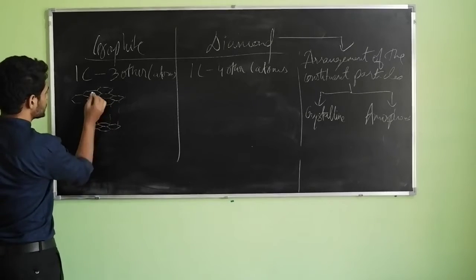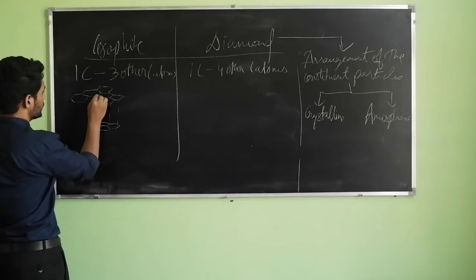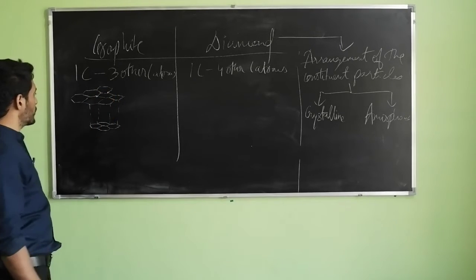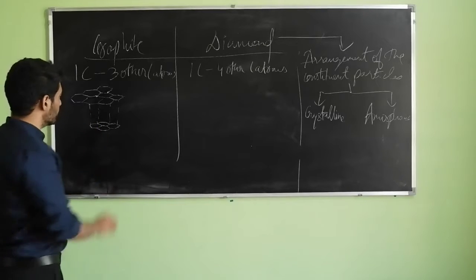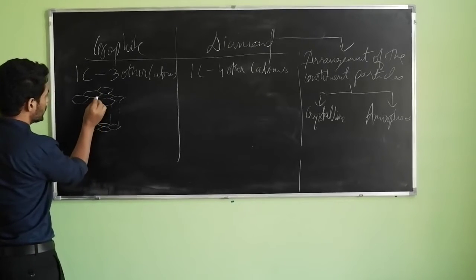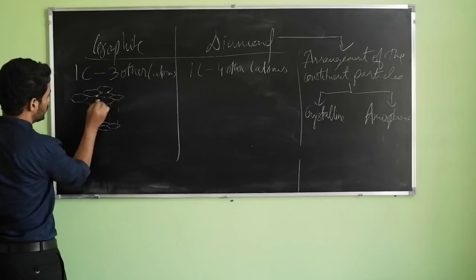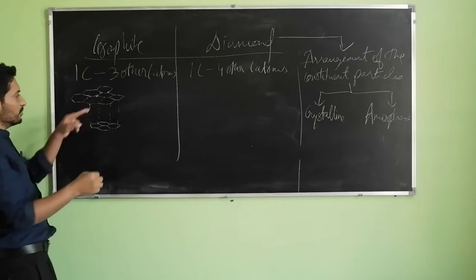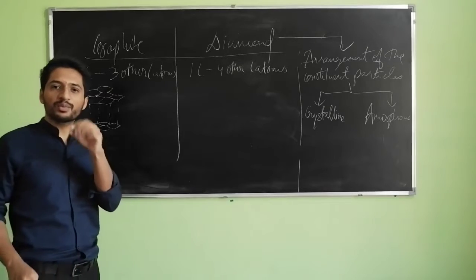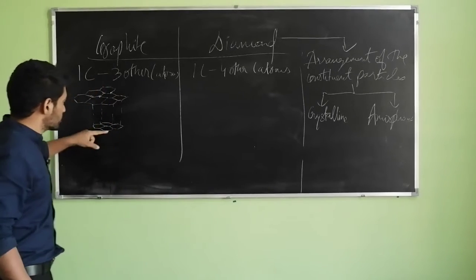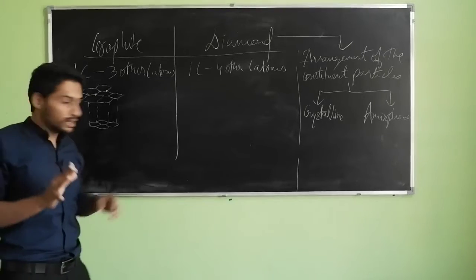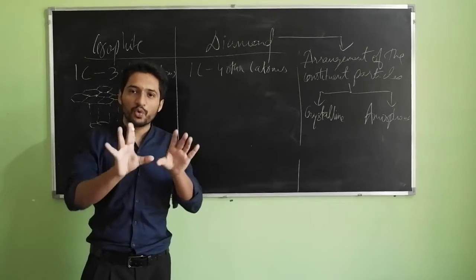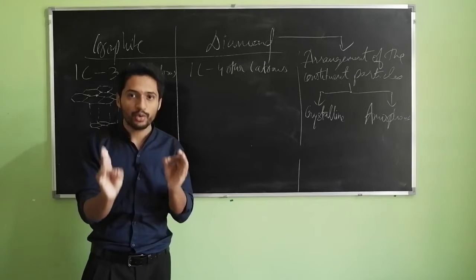Now see this, let's take any carbon. These vertices, the points of intersection, represent the carbon atoms. Each carbon atom, let's say this one, is attached to 1, 2, 3 carbon atoms. Any carbon atom is attached to 3 other carbon atoms. This is the layer below. Carbon has a valency of 4. It has 4 valence electrons in its outermost shell.